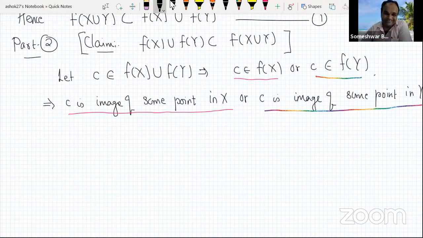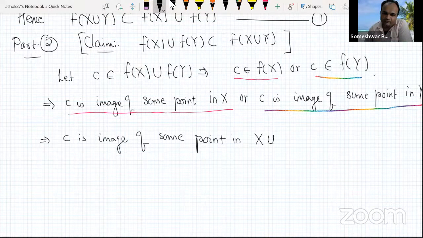So it implies that c is the image of some point in x, or c is the image of some point in y. So it will imply c is the image of some point in x union y, because it is the image of some point in x as well as some point in y.